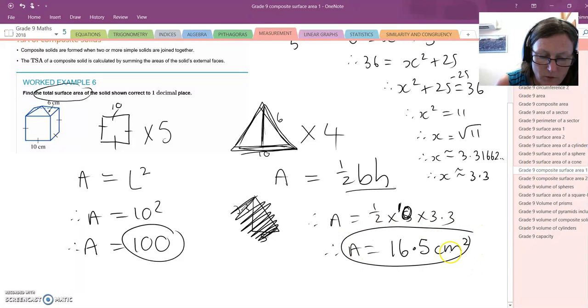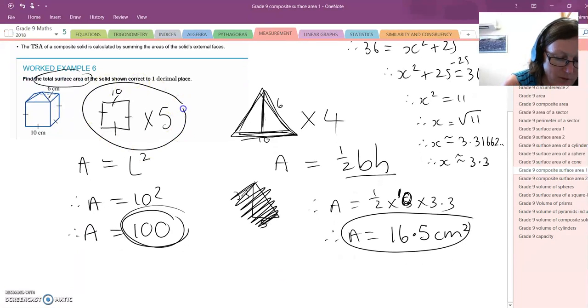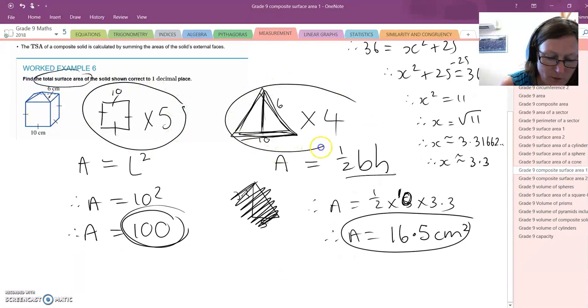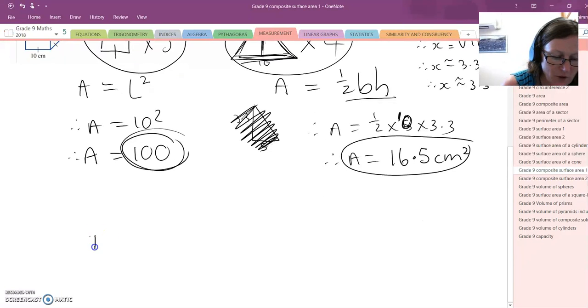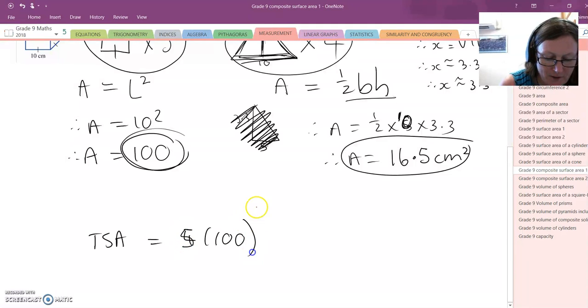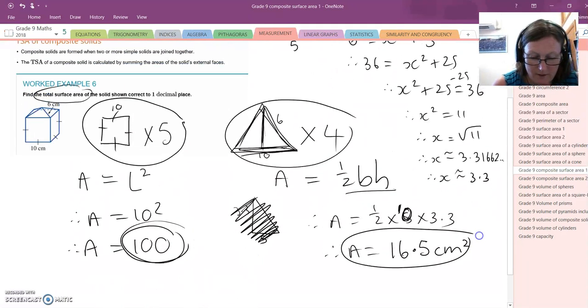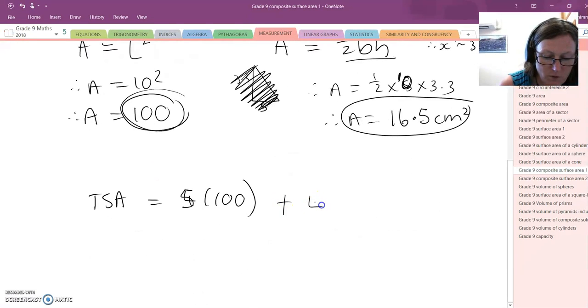So that's one triangle. That's one square. Remember, we've got 5 of the squares, we've got 4 of the triangles. So our total surface area is 5 lots of our square plus 4 lots of our triangle.